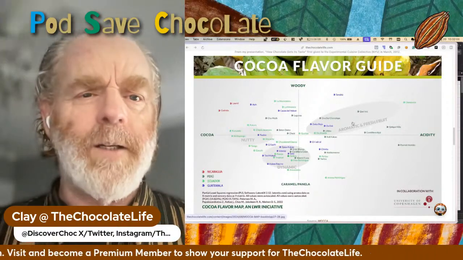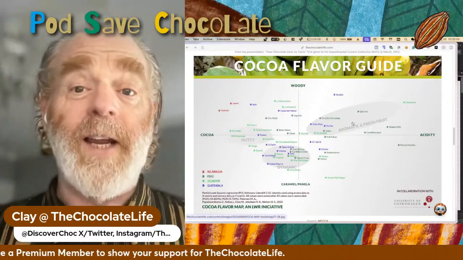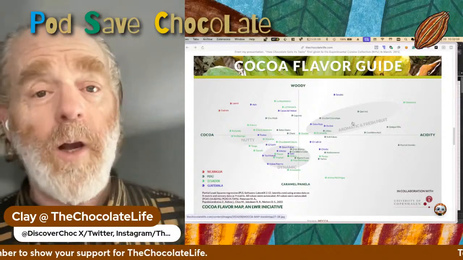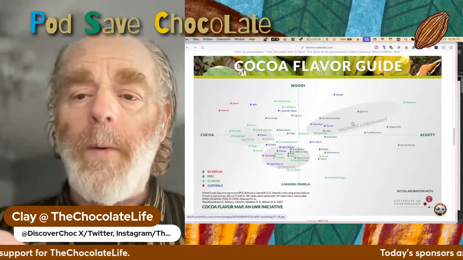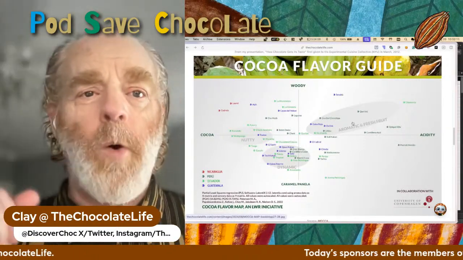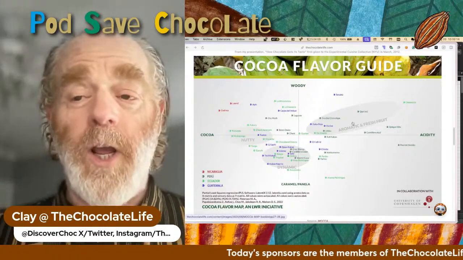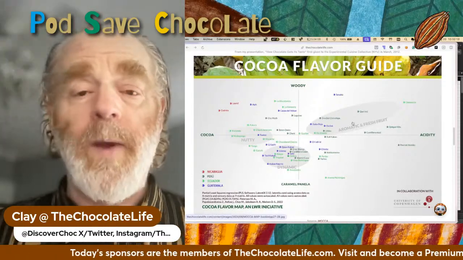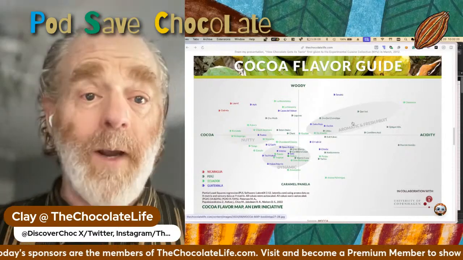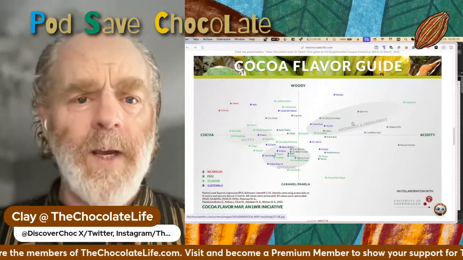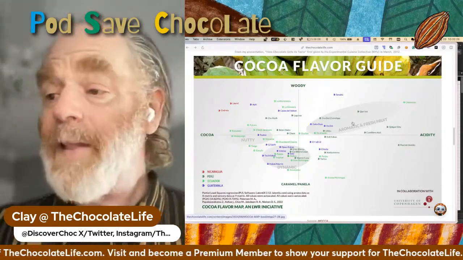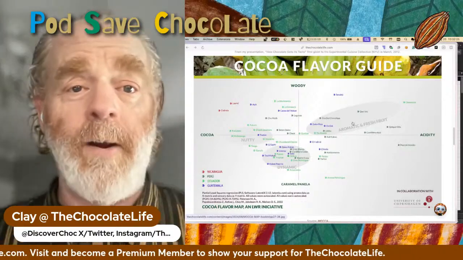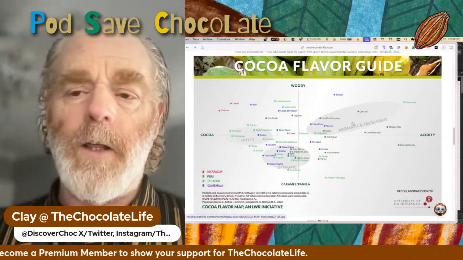We tend not to consume cocoa beans so much, and we tend not to consume raw cocoa beans very much, right? But what we can do is the analytical chemistry on the beans. We can do analytical chemistry on the finished chocolate. And then we can do the organoleptic analysis, and then we can try to make some comparisons. And that's one of the things that this chart does here. And it says some very, very interesting things, right?